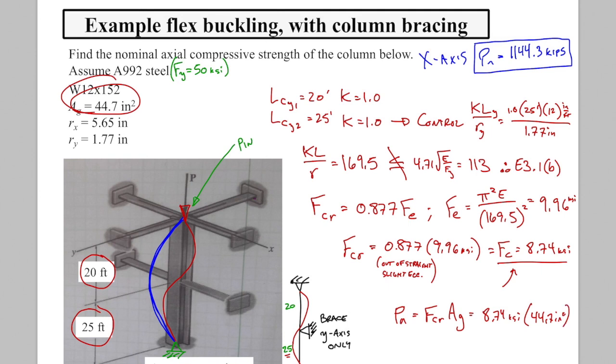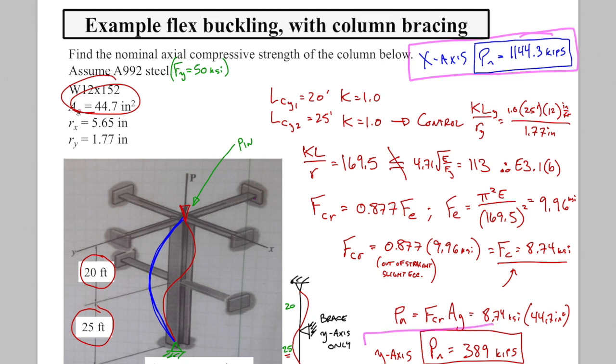And I end up with Pn should be 389. This is for y-axis. Okay, so now I had two cases that I considered, x-axis and y-axis, and very clearly the y-axis controls, right?